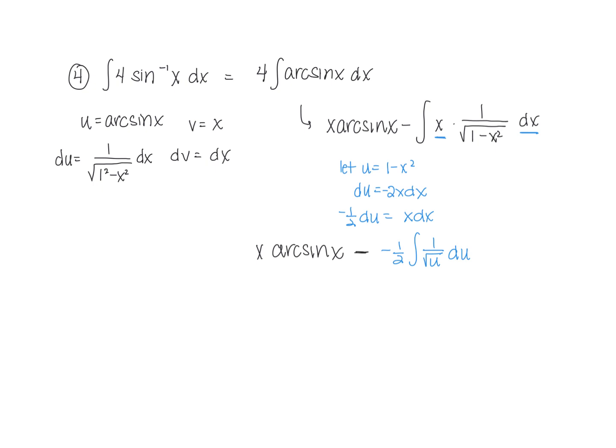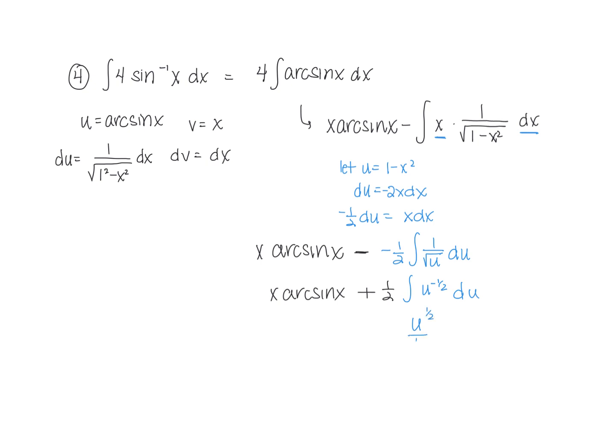I'm going to rethink about this as the integral of u to the negative 1/2. I think it just makes my life a little bit easier to process it that way. So I've got x arcsine of x plus 1/2, the integral of u to the negative 1/2 du. So I'm going to go up a degree.